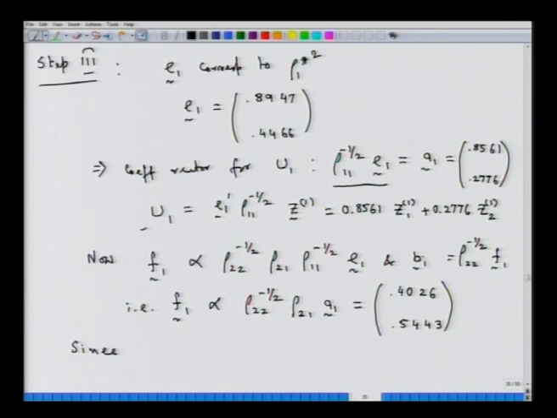B1 prime times the Z2 vector. That is going to lead us to V1. Now V1 is the canonical variable, so the variance of V1 is going to be unity, and that is where we are going to obtain the proportionality constant in this particular vector.